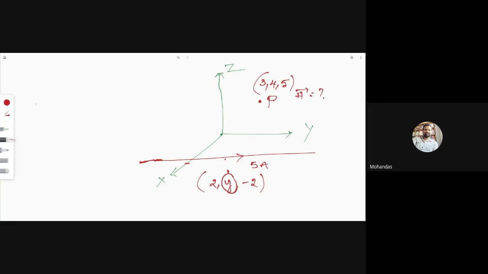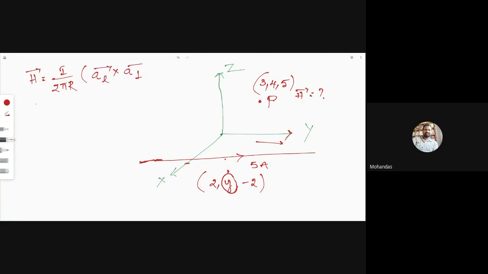Now, write down the formula, as it is an infinite conductor carrying a current in the positive y-axis direction. In this direction, it carries a current I. Now, write the formula. H equal to, what is the generalized formula? H equals I over 2 pi r into AL cross A perpendicular.